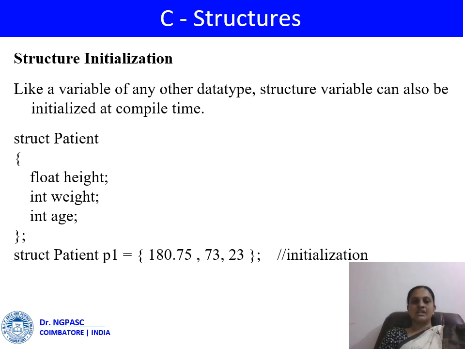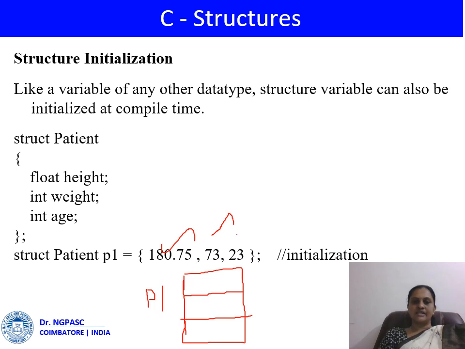When this variable is created, space will be allocated in memory for the variable P1, which consists of height, weight, and then age. In height, 180 will be stored, in weight 73, and in age 23. This is how a structure variable is stored in memory.